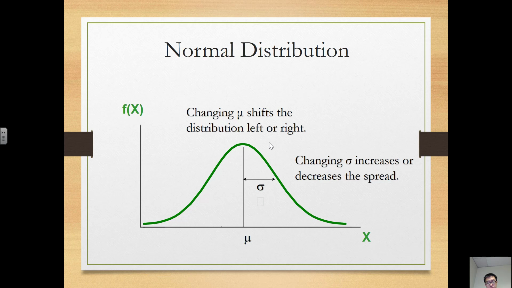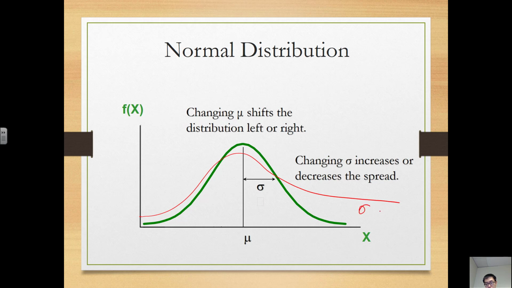So this slide is a visual illustration of how parameters mu and sigma control the normal curve. If you change mu, then you shift this density curve. Whereas if you change sigma, if you increase sigma, the curve will be flatter like this.